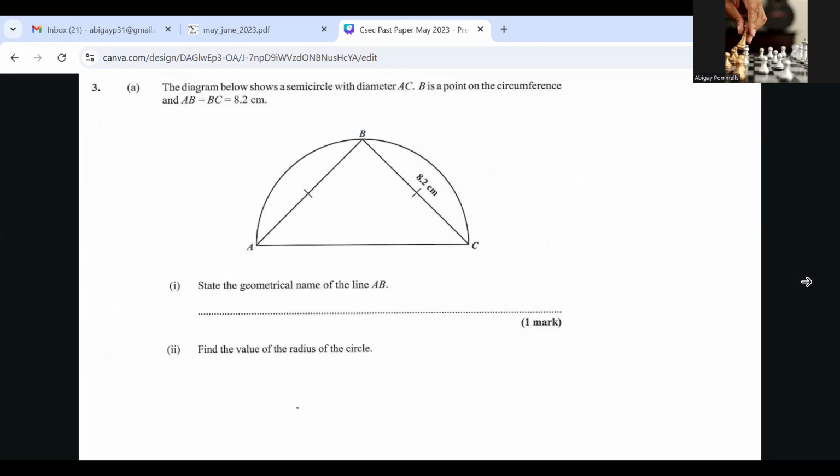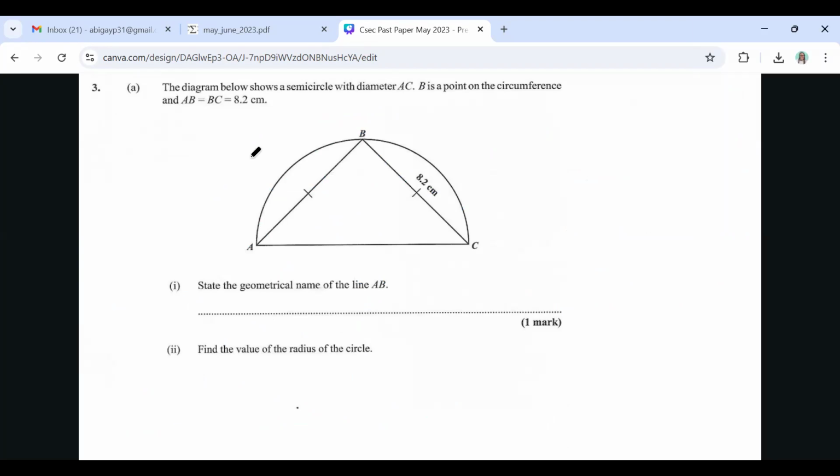All right. So the diagram below shows a semicircle with a diameter AC. B is a point on the circumference. AB equals BC equals 8.2 cm. It says state the geometric name of the line AB.